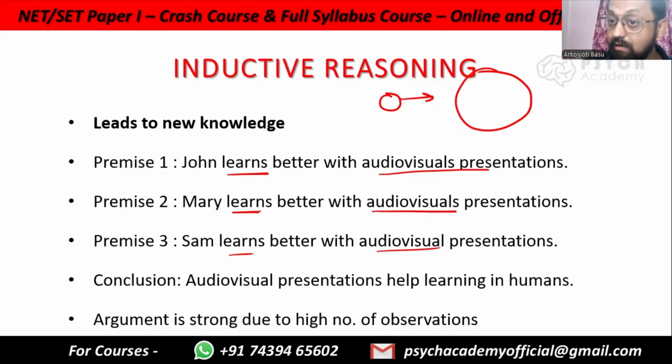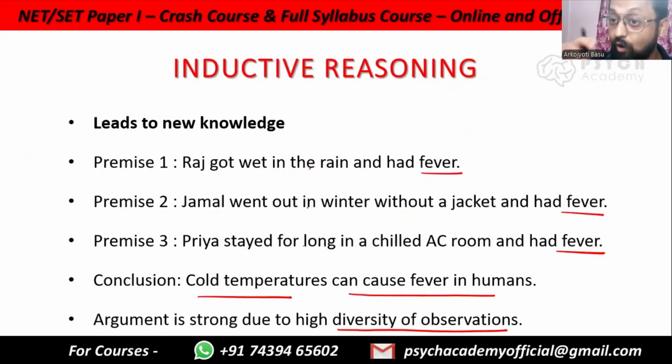Again and again replicated. This is replication. That is, the same thing is repeated multiple times, and the theory also has to be tested in multiple different situations. This is the diversity part. You are testing it in different situations, getting different observations, and still getting the same result. A good theory has been both replicated and tried in different situations.